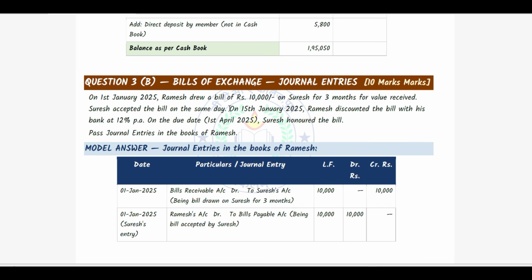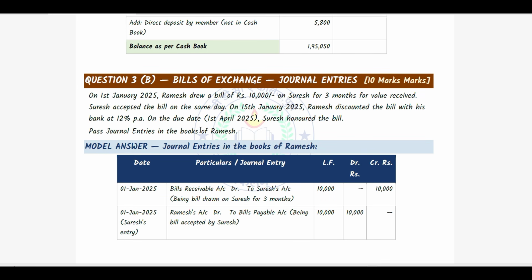Then on 15 January 2025, Ramesh discounted the bill with his bank at 12% per annum. On the due date of 1st April 2025, that is after 3 months, Suresh honored the bill. Pass journal entries in the books of Ramesh.